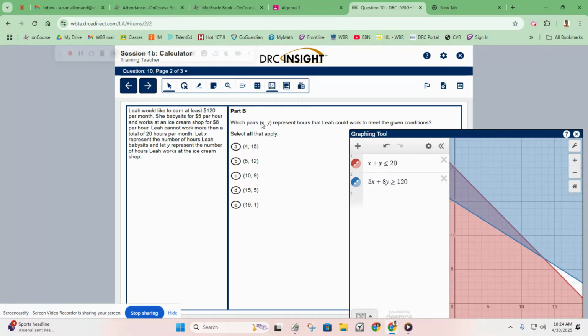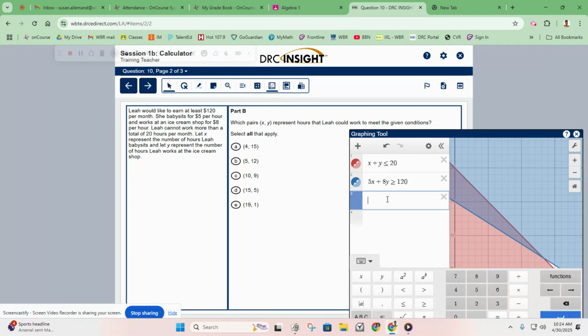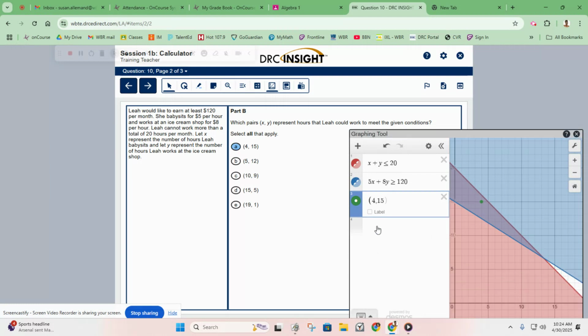All right, so to check to see which of these ordered pairs work, we're going to type each ordered pair in, and I want you to leave them all in there until I check your Chromebook. I'm going to start with the one at 15, sorry. I do see that that is in fact in my solution, so I select that as a correct answer.